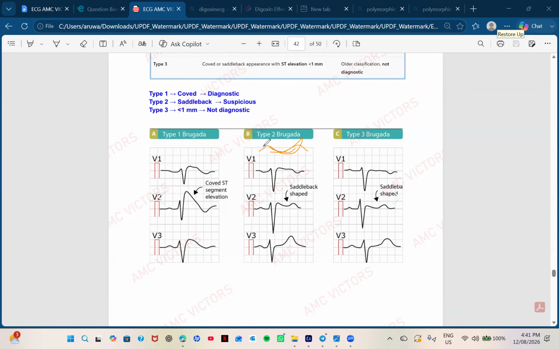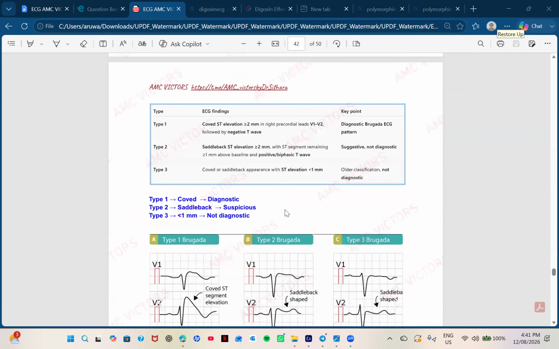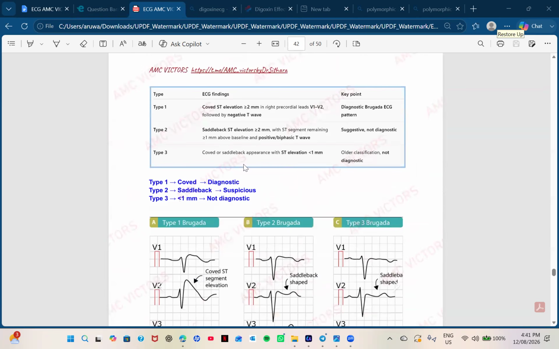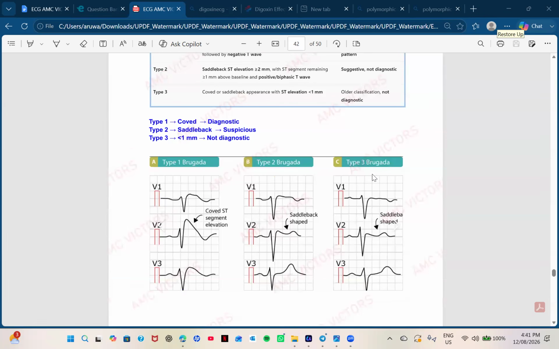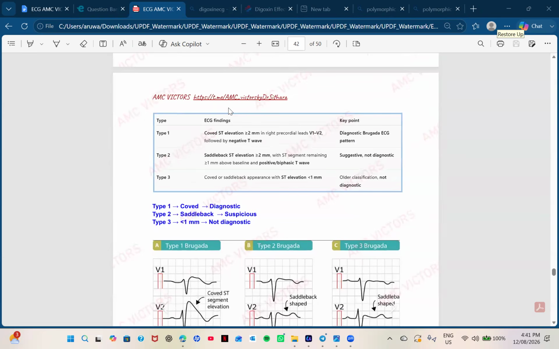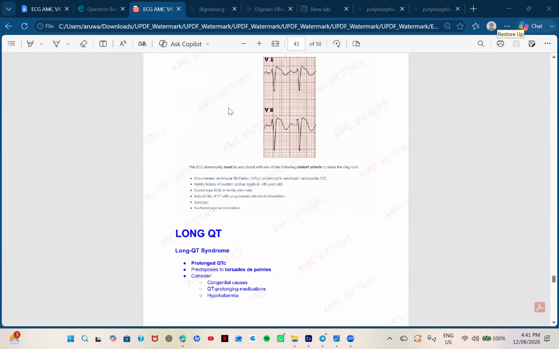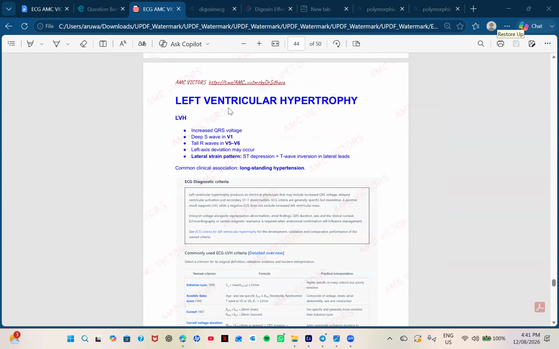This is the saddleback shape. Like that. But it is not diagnostic; once you see this, it is suspicious. Type 3 has a saddleback appearance with less than 1 millimeter elevation, and it is not diagnostic. So remember, type 1 is the mainly diagnostic one, right? I hope you got what we have discussed.